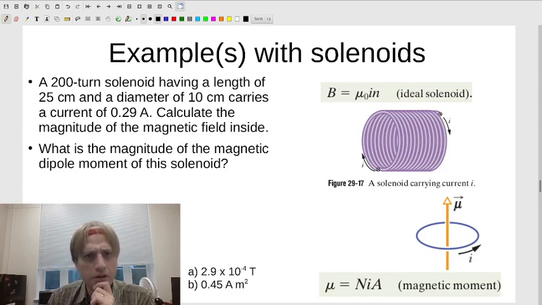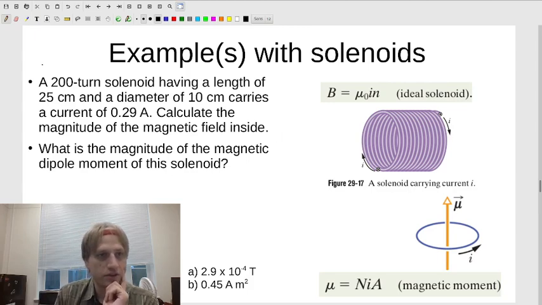Anyway, let's make sure that we understand the relationship here. If we have a 200-turn solenoid having a length of 25 centimeters and a diameter of 10 centimeters, carrying a current of 29 amps, how would we use this equation to calculate the magnetic field inside of the solenoid?